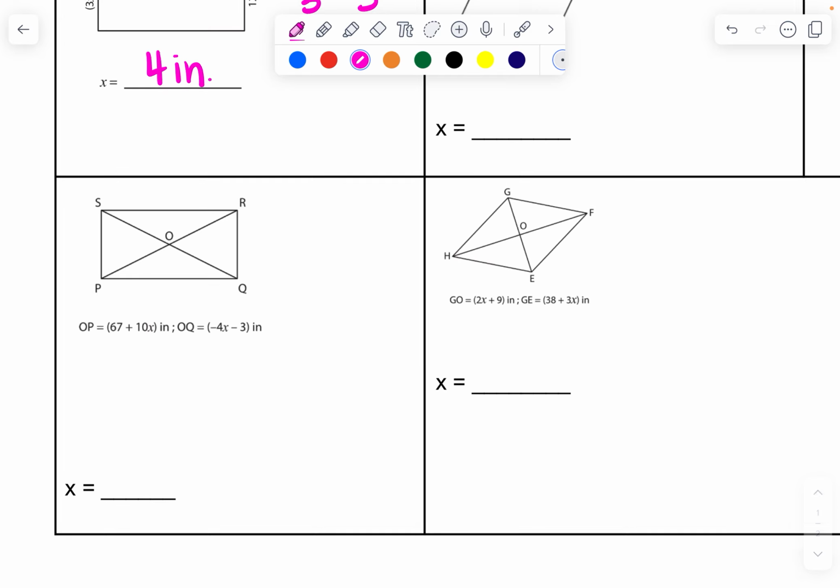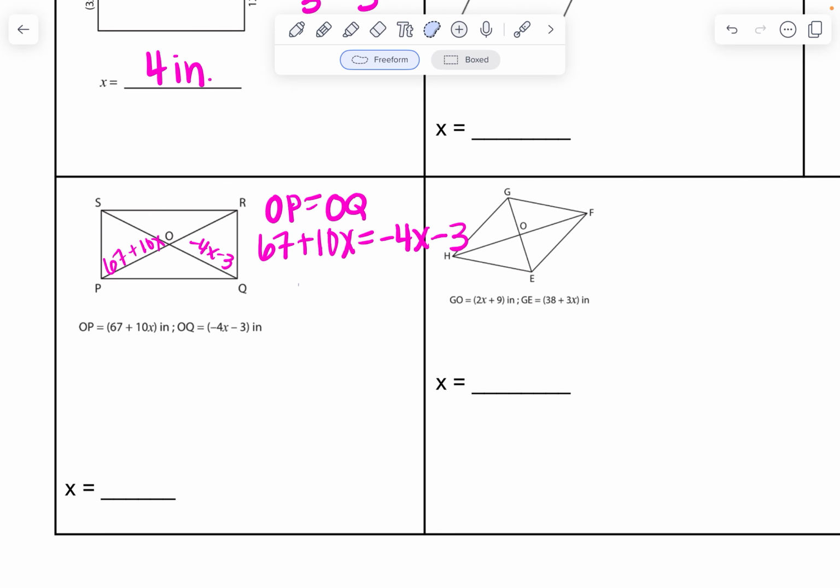And this last one here, they're telling me OP is 67 plus 10x, and they're telling me OQ is negative 4x minus 3. Well, we know those are equal. OP is equal to OQ, which means 67 plus 10x equals negative 4x take away 3.